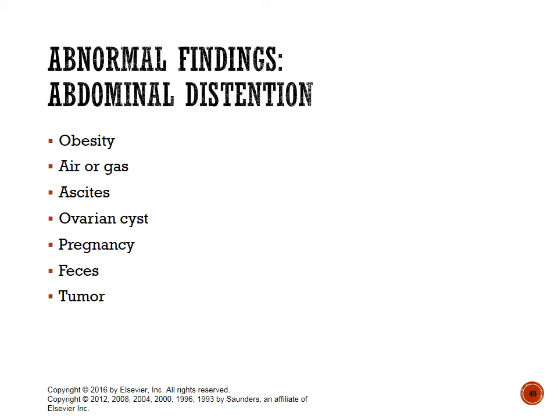We could have a very large ovarian cyst that we can see that abdominal distension from. Of course, pregnancy is going to cause abdominal distension, and also if we have constipation with an abnormal amount of feces in the abdomen, this could cause distension, and then any type of tumor kind of protruding out of the abdomen is going to cause distension.